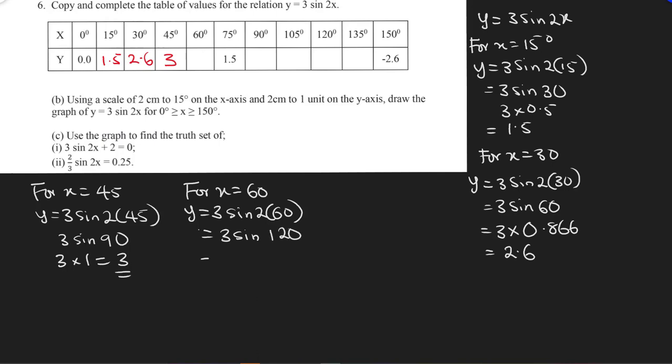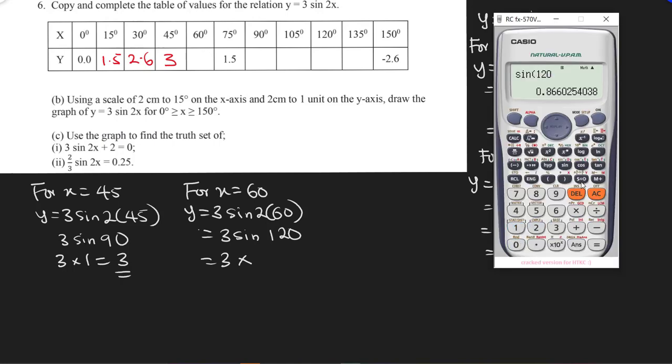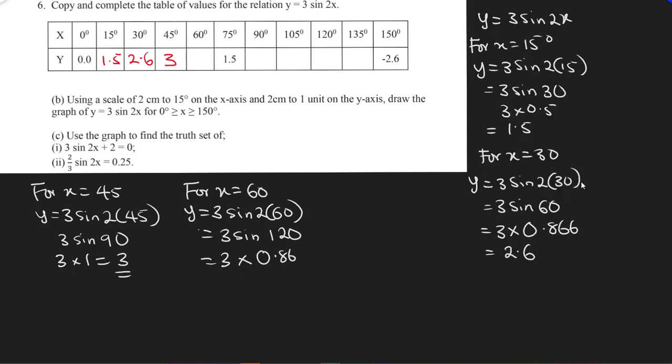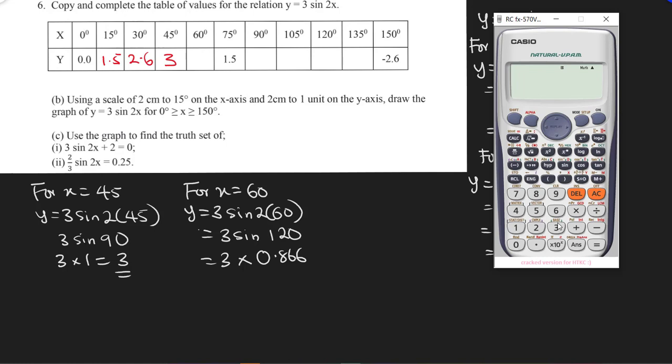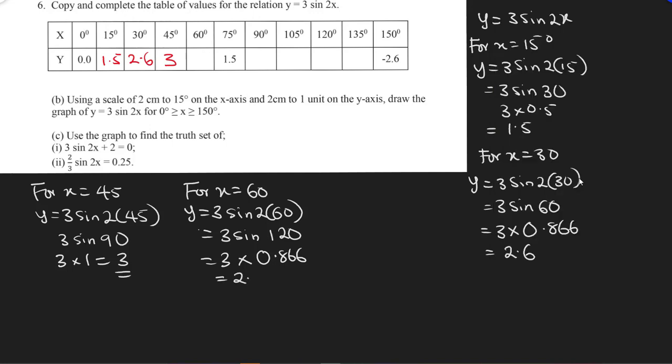Sine 120 is 0.866. So 3 times 0.866 is 2.598. We can approximate 2.6. So we have 2.6 here.